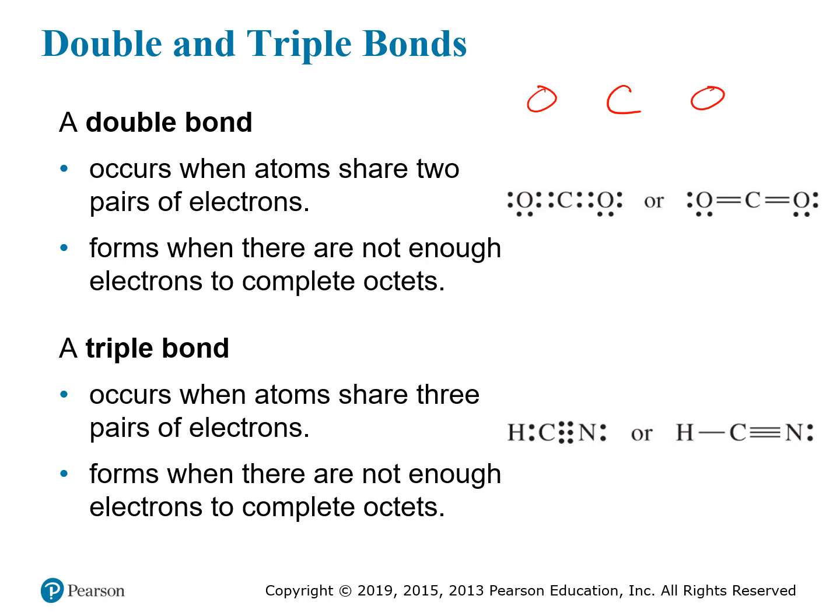For CO2, we know we have 4 electrons from the carbon and 6 from each of the oxygens. So 6 plus 6 is 12, plus 4 is 16 valence electrons. So CO2 has 16 valence electrons. If we begin, we can put single bonds between the carbon and each oxygen.